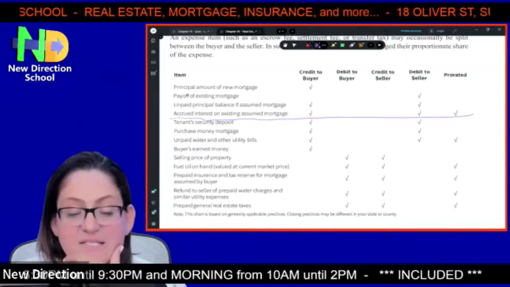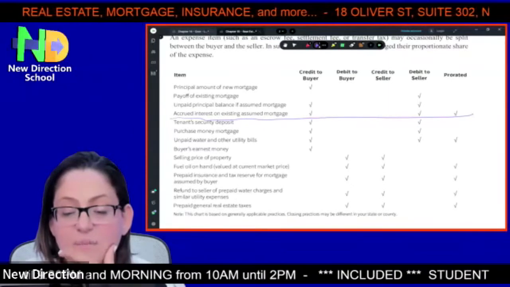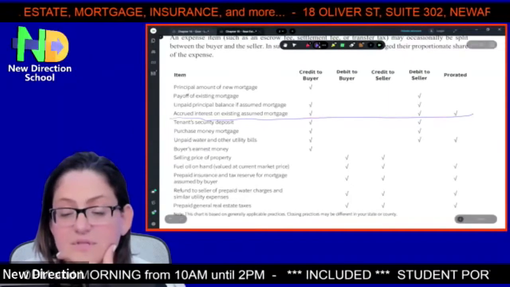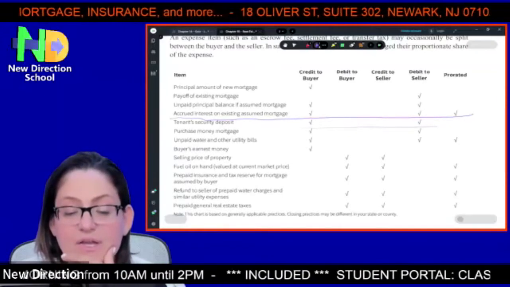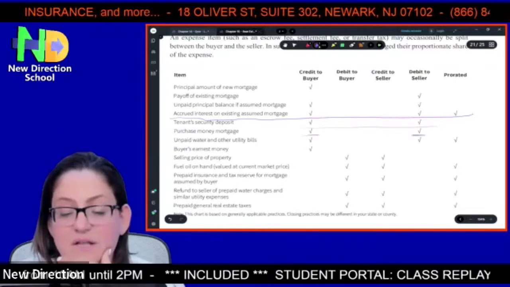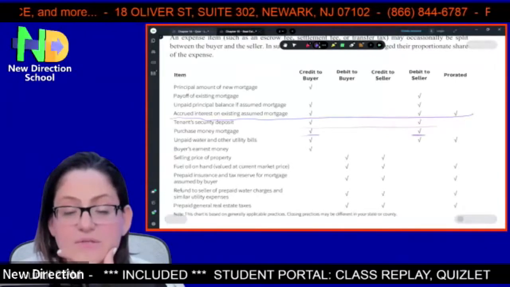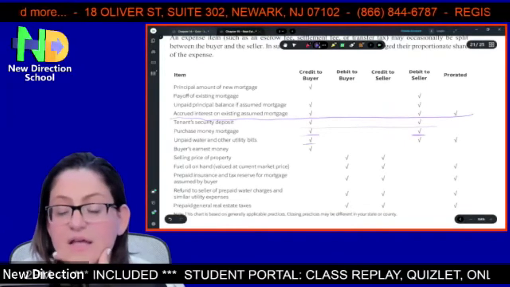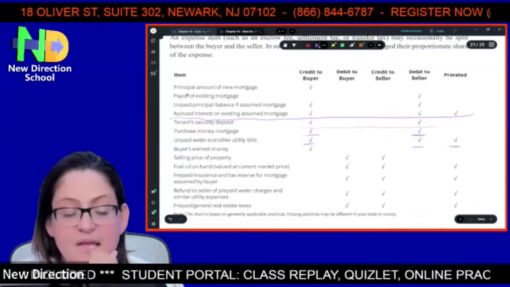We have tenant security deposit is a credit to the buyer and a debit to the seller. Purchase money mortgage, a credit to the buyer and a debit to the seller. Unpaid water and other utility bills, it's a credit to the buyer and a debit to the seller and prorated.